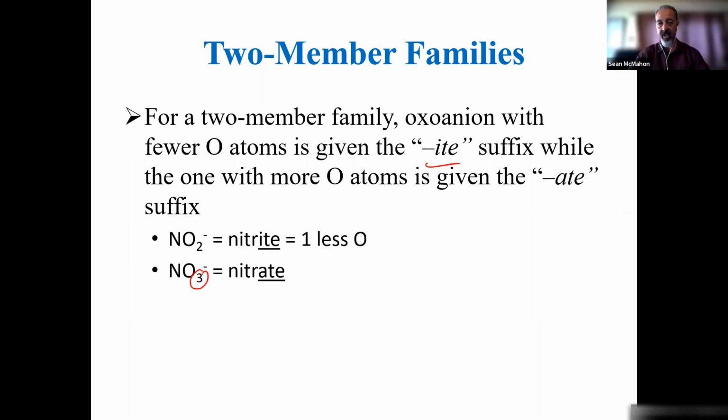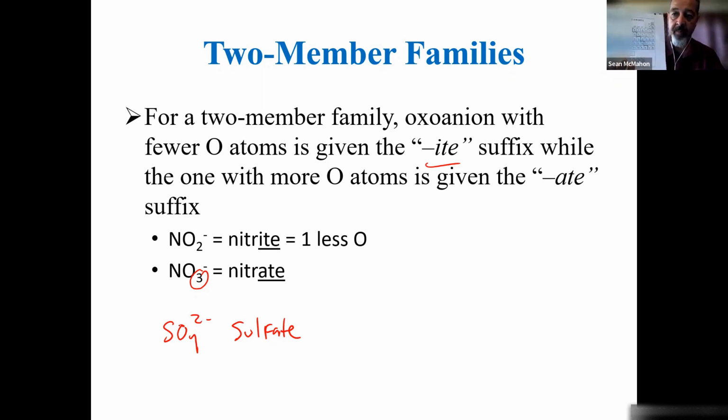But why do you need to be careful? Sulfate is SO4 2-. Okay, how do I know that? I drew a 4 on my periodic table and sulfur is on the 4.